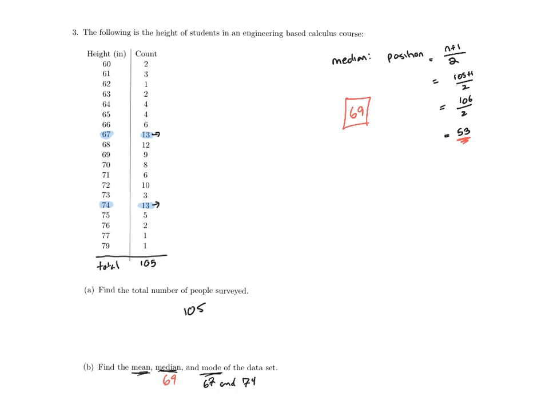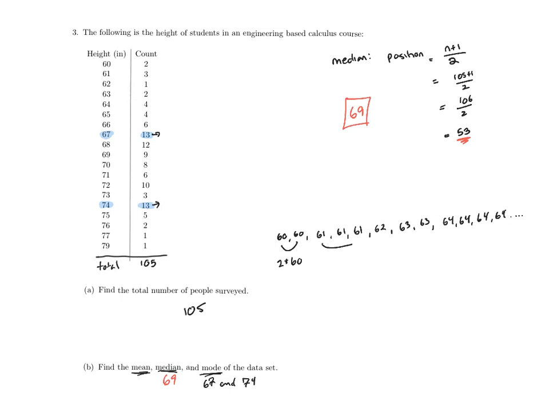To find the mean, it's a little bit more tedious. Remember, what I could do is add all the numbers up. According to the top there, I have 2 60s, I've got 3 61s, I've got 1 62, 2 63s, 4 64s, but already this is getting super tedious. So rather than write them all out and then add them up, I can think, well, if I've got 2 60s, that's the same as 60 plus 60, or 2 times 60.